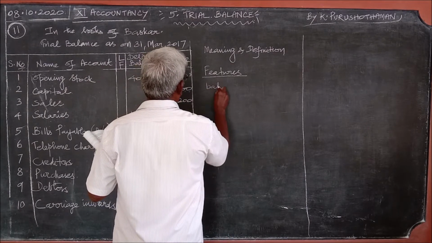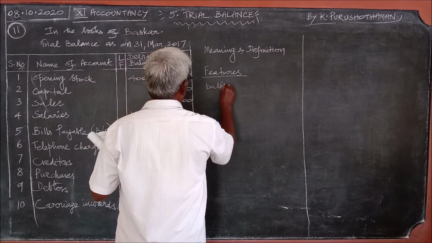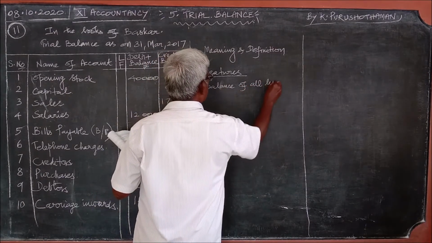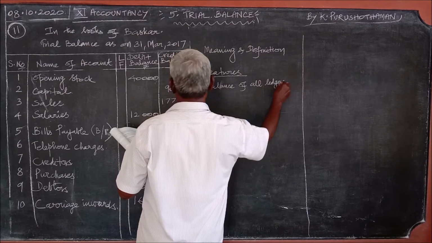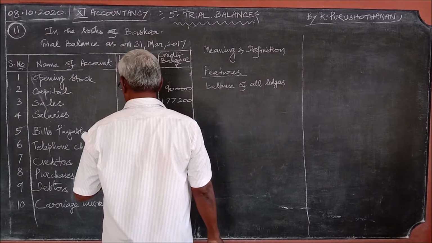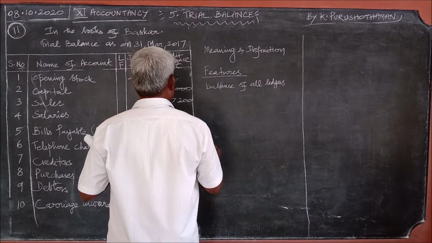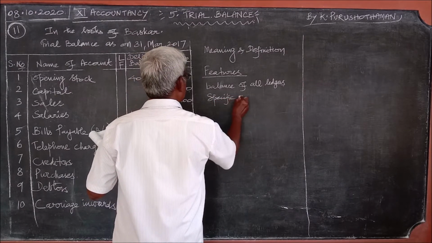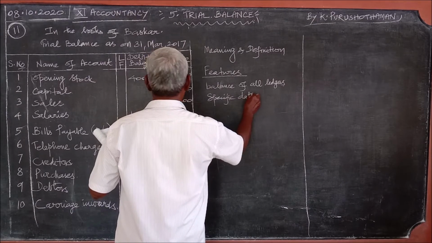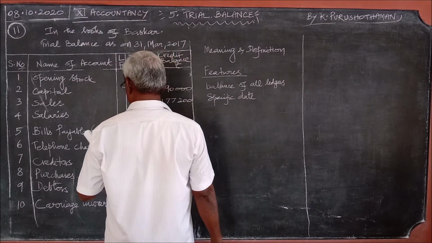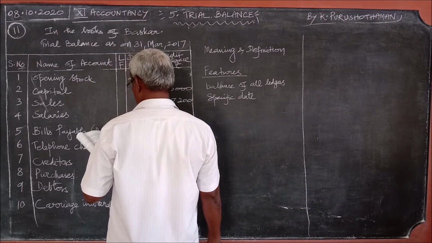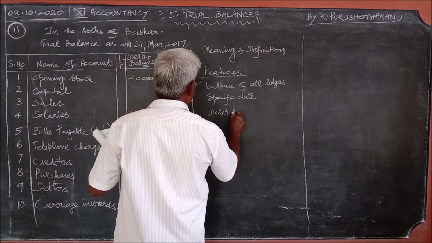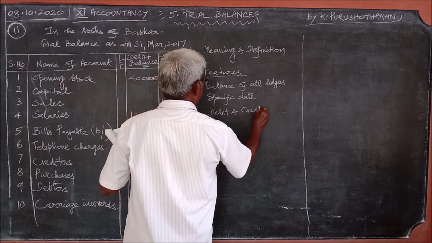one, balance of all ledgers. Number two, specific date. Number three, debit and credit total.